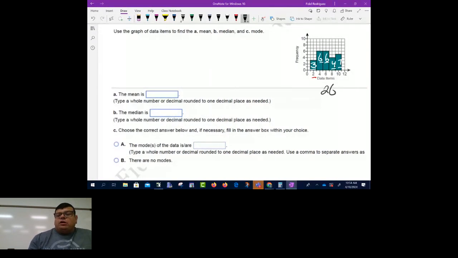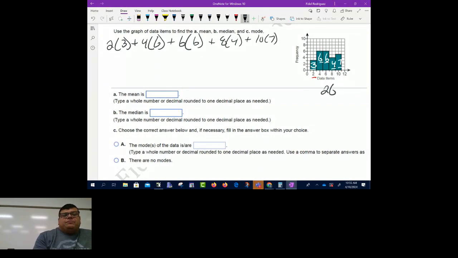What we're going to do is say the number 2 appears 3 times. The number 4 appears 6 times. The number 6 also appears 6 times. The number 8 appears 4 times. And the number 10 appears 7 times. So that's 6, that's 24, that's 36, 32, and 70.